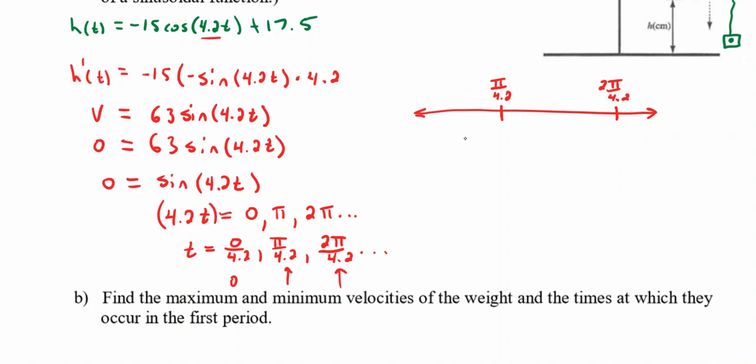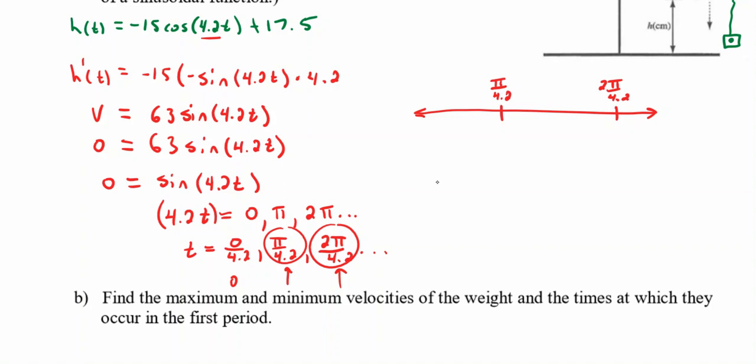The other one we can do, though, is figure out the second derivative, because if I throw in these points into the second derivative, I'll show you what we're doing. So for a second, let's find the second derivative.